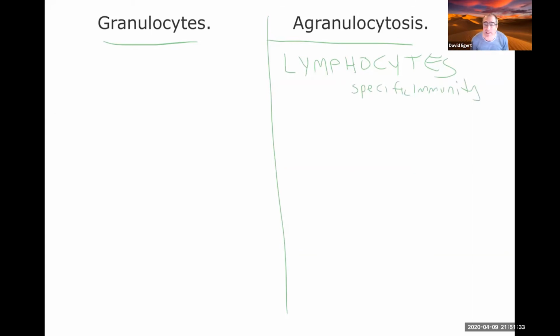The best way to describe this is that some of your body defenses are more general. Like if you want to keep somebody from hurting you, you might put up a fence or put locks on the door. And those are going to just keep anybody out. They're not about any one particular person.